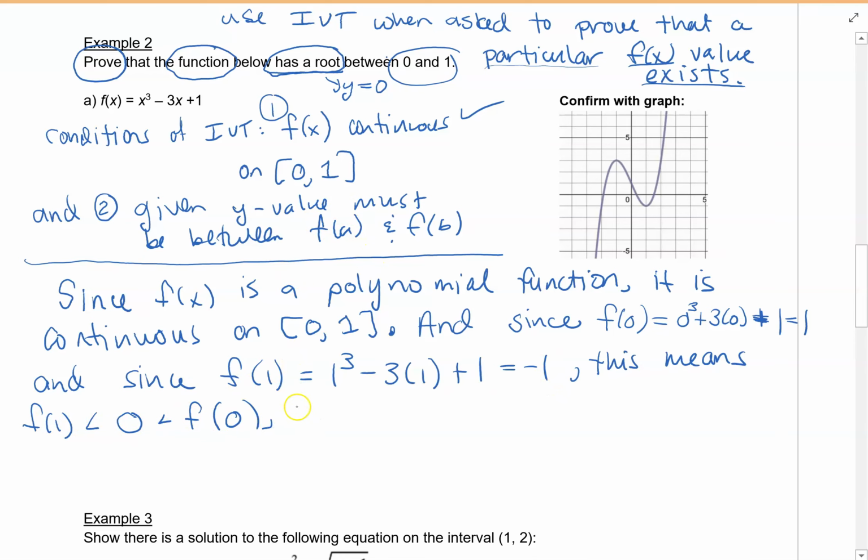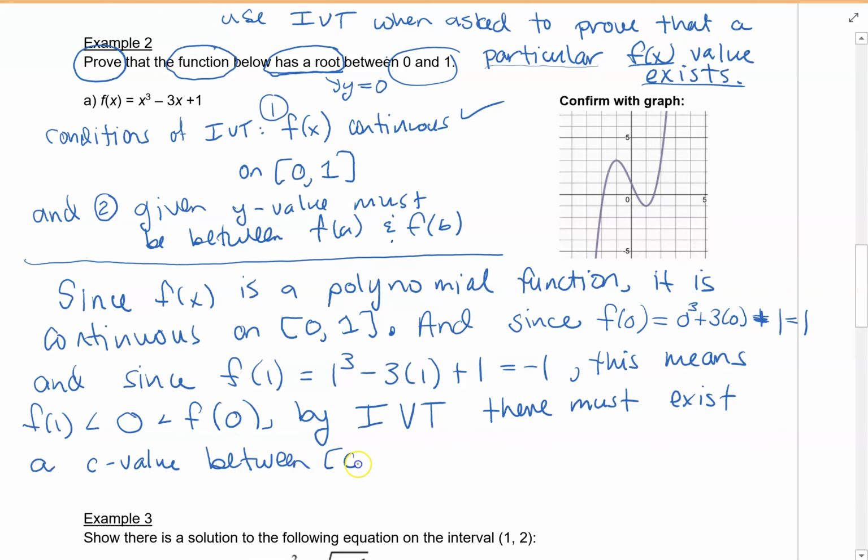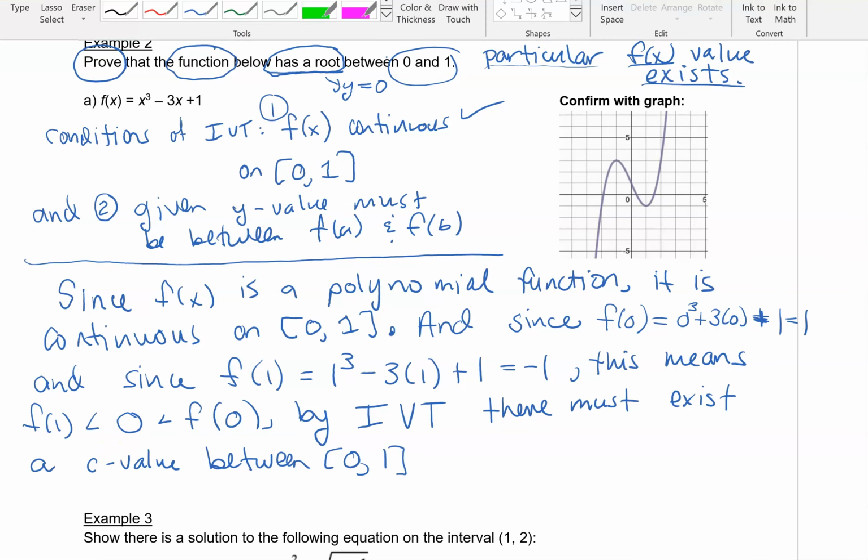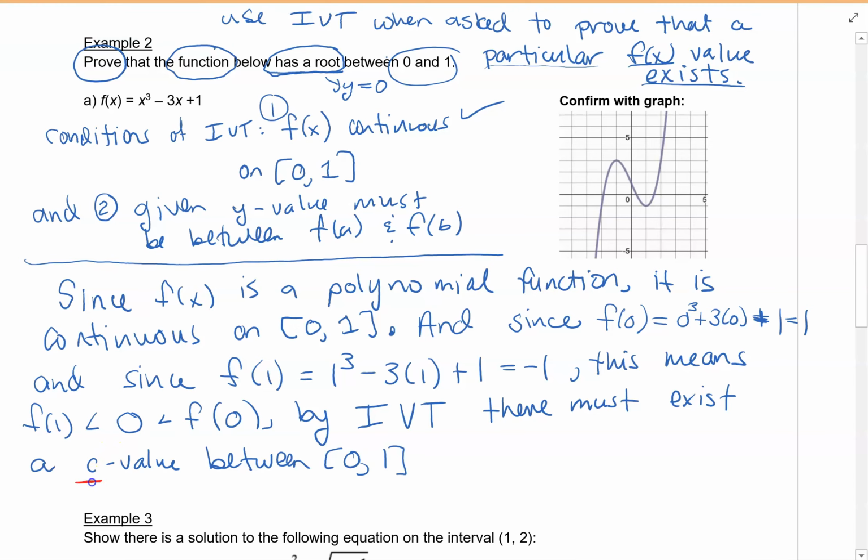Well, by IVT, so I'm abbreviating the theorem here, there must exist, you can either say a c or an x. There must exist, I'll just put a c value, between 0 and 1. So the value that you are stating must exist is an x value.